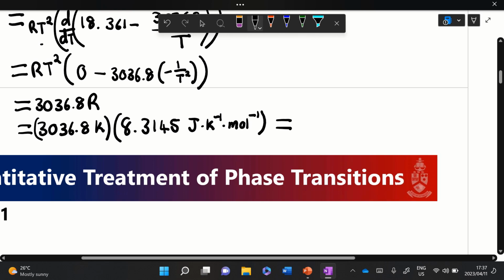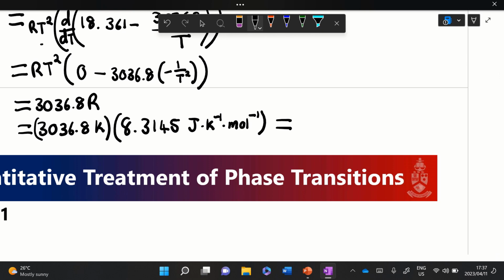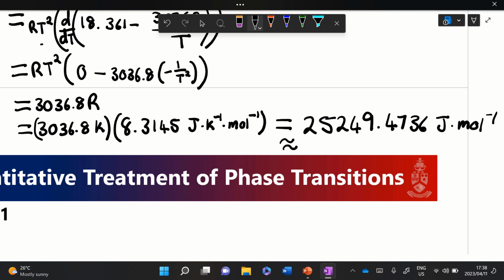If you plug that into your calculator, you will get an answer of 25249.4736 joule per mole, which rounds off, with five significant figures, to 25.249 kilojoule per mole.